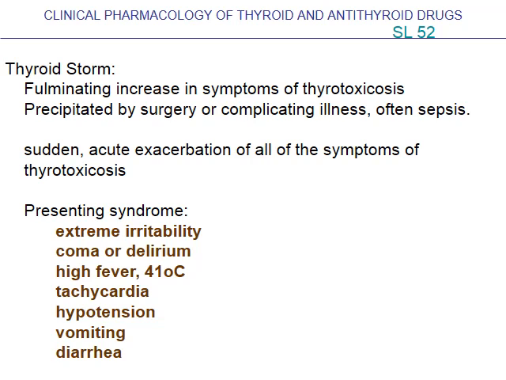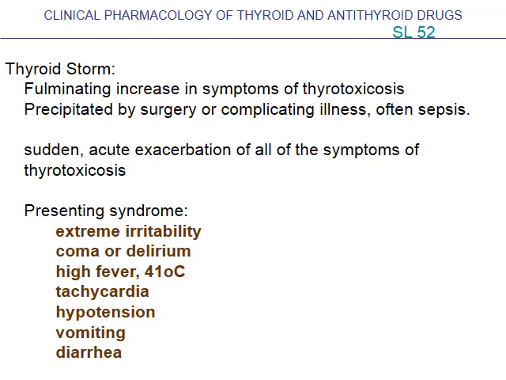Sometimes it's precipitated by surgery or a complicating illness, often sepsis. So, a patient that's got hyperthyroidism, very ill, may develop sepsis. All of a sudden, their thyroid gland goes nuts and starts to produce tons of thyroid hormone. And you see an acute exacerbation of all the symptoms of thyrotoxicosis.